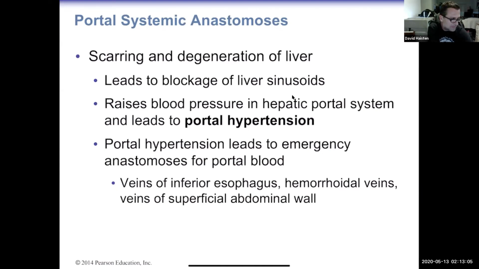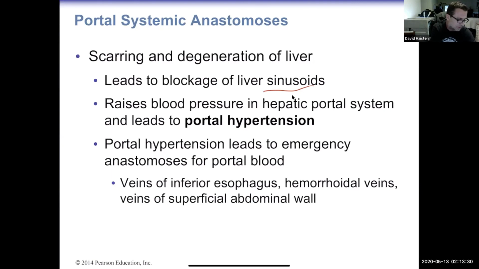So what happens is when your hepatocytes are trashed, your liver's trashed, the liver sinusoids are blocked. So the blood from the portal veins is not able to get into the liver. So you end up with emergency anastomoses. Emergency redirects because the hepatic portal veins shut down.